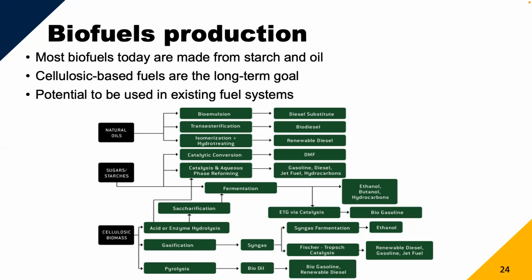The newer age, I wouldn't call it new age now, it's been around for a while, but the technology is not at a point where it's competitive enough to have huge amounts of it, but cellulosic biomass is a different way you can go about producing ethanol. I'll leave this as a summary. We won't go too much into detail right now, but we'll talk about this in another lecture.